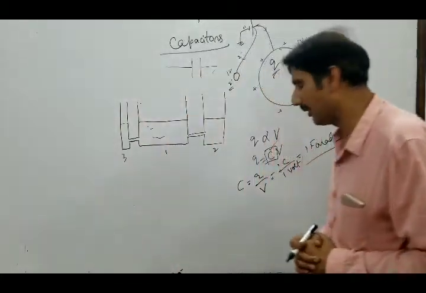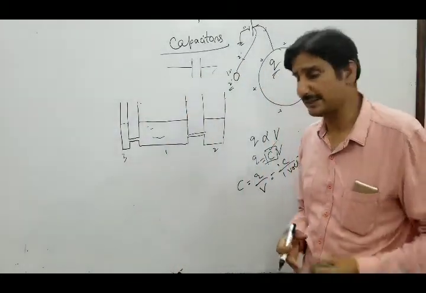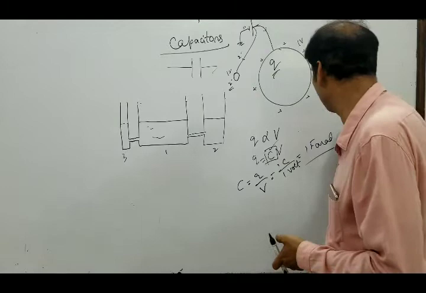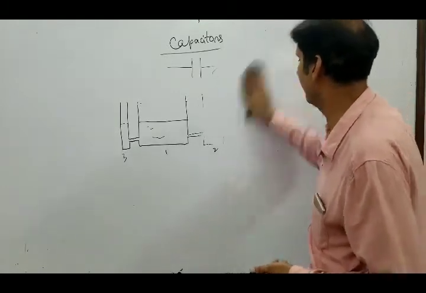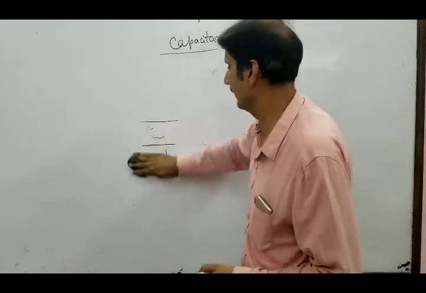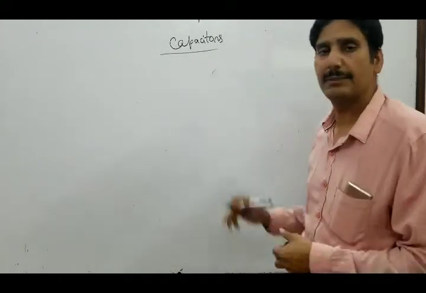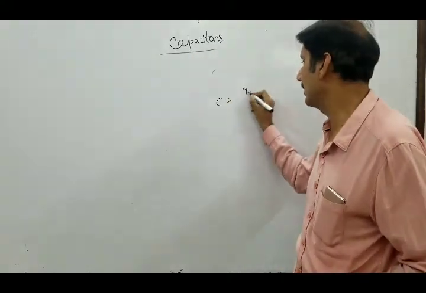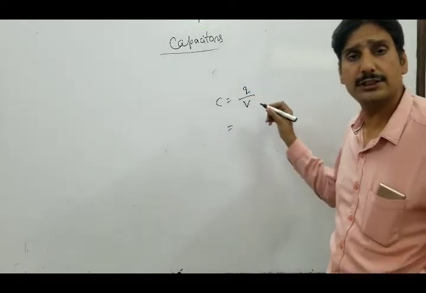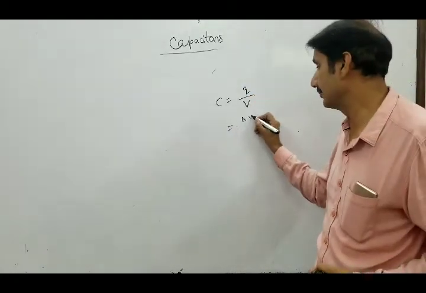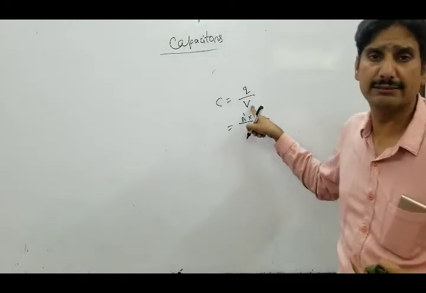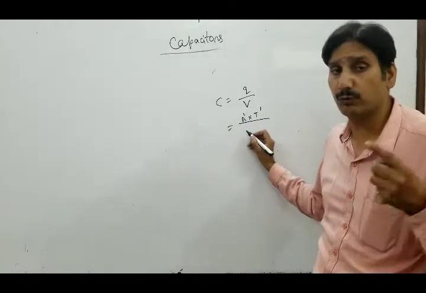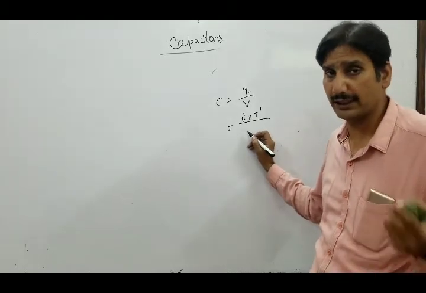Now, what about the dimensions of this capacitance? The dimensional formula, you can find out very easily. How? Capacitance is basically charge over voltage. Charge is current into time, A1 T1, and voltage or potential difference or EMF, whatever you call that, is work per unit charge, work done per unit charge.